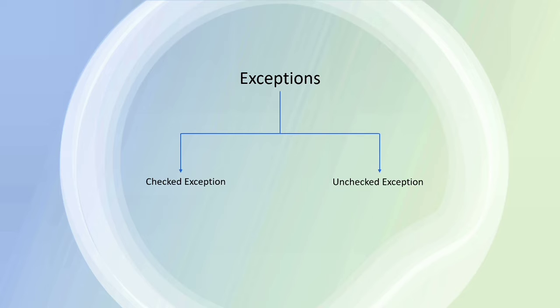So you will understand both concepts, how to create your own exception class and how the checked exception and unchecked exception behave. So let's jump to our Eclipse and write a small program to understand these concepts.